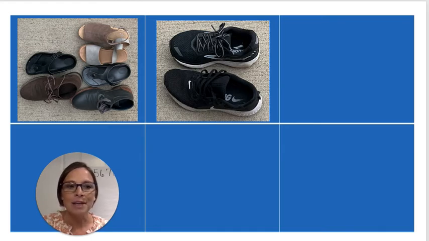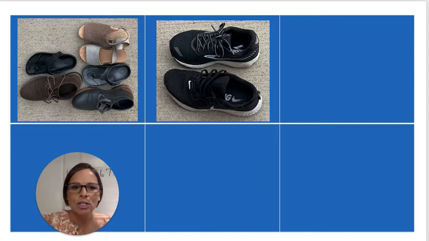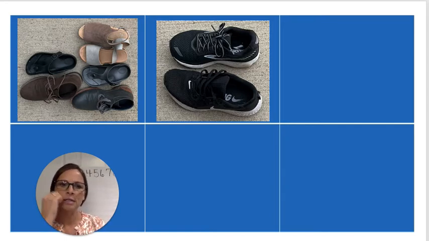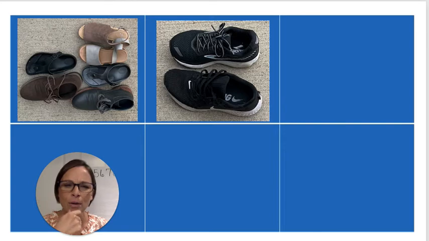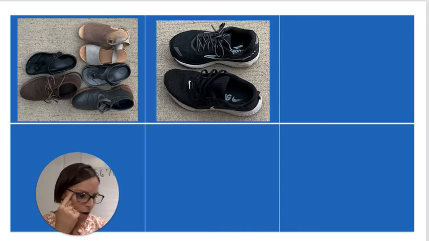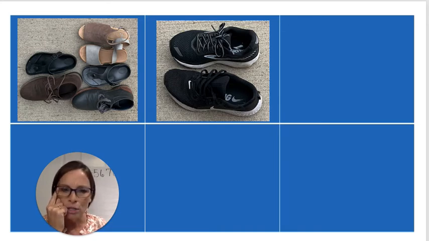Well, I'm thinking I want to sort them a different way. Maybe I want to sort them tie shoes and not tie shoes. Do you see how I've chosen how I'm going to sort them? And I'm able to tell you how I'm sorting them? So look at this for a minute yourself and think, which shoes would go in which groups? I'm going to use my sorting mat again because I think it's going to be easier to organize my thinking.